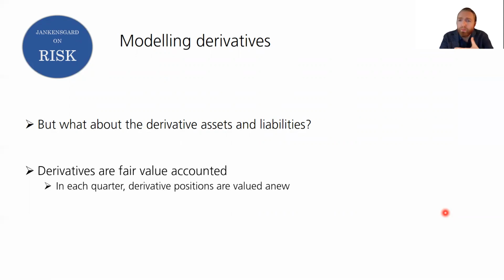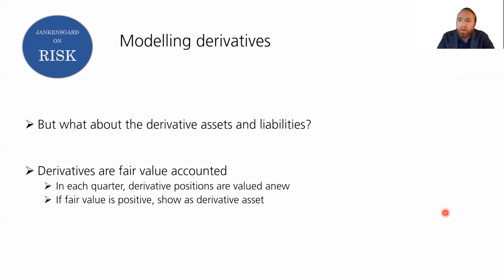So for a proper due diligence of the strategy, we want to get a sense of the magnitudes involved and what could happen. Since we're fair value accounting derivatives, what we have to do is, in each quarter going forward in the forecast, value them.